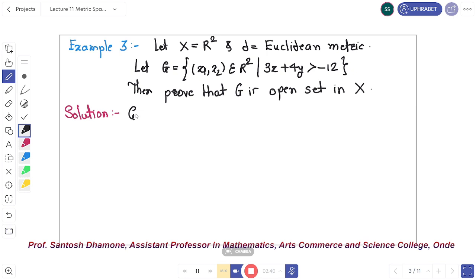When x1 is equal to 0, 4x2 is equal to minus 12, which implies that x2 is equal to minus 3. When x2 is equal to 0, 3x1 is equal to minus 12.